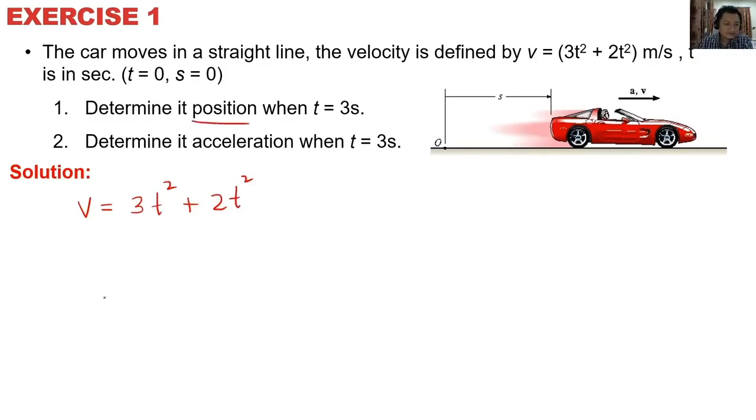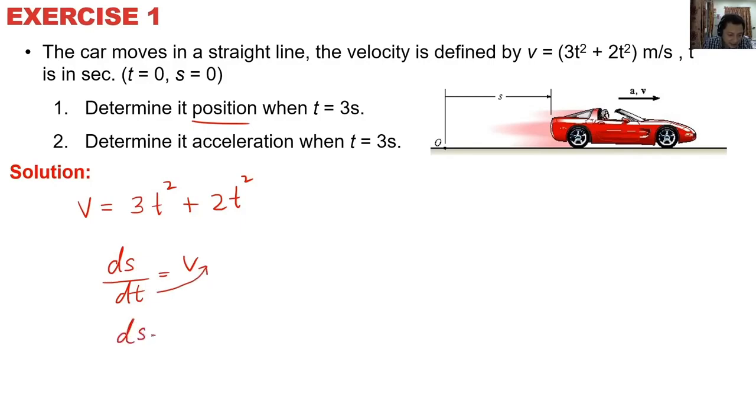Find the position. So you know already. What do you know? You know that ds over dt is equivalent to v. Differentiate s, you're going to get v. So bring this over there.